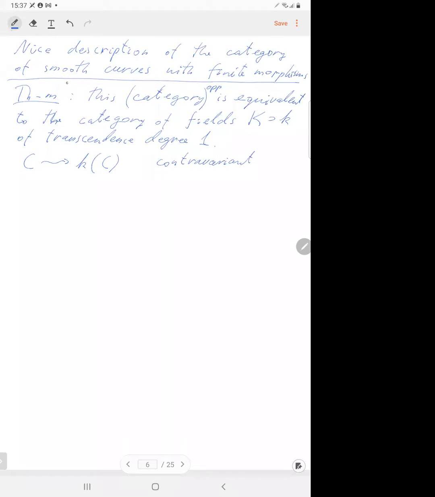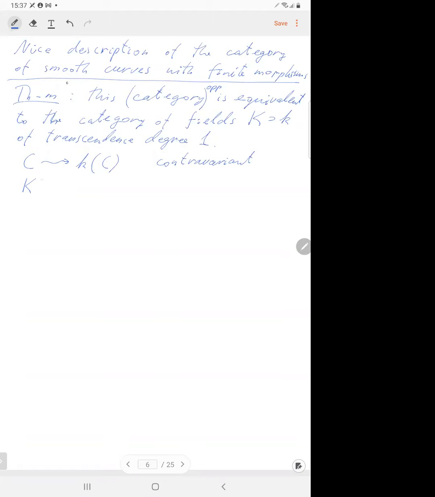And in the opposite direction, given a field K, let me make a claim, and then I will prove it.